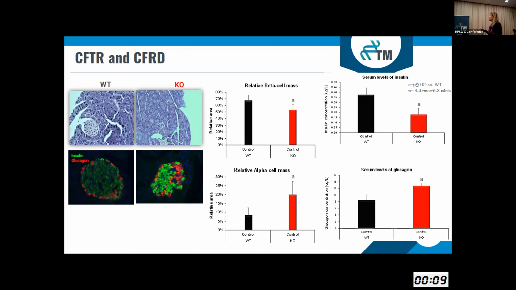We also investigated the serum levels of insulin and glucagon and found that in the absence of CFTR, the level of insulin significantly decreased, whereas the level of glucagon increased, which supports the hypothesis that in cystic fibrosis, the damage of the beta cells and the decreased insulin secretion can be responsible for the development of diabetes.